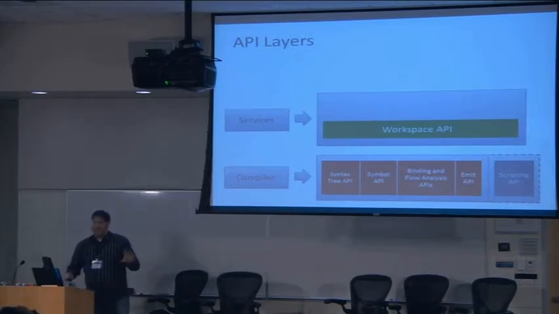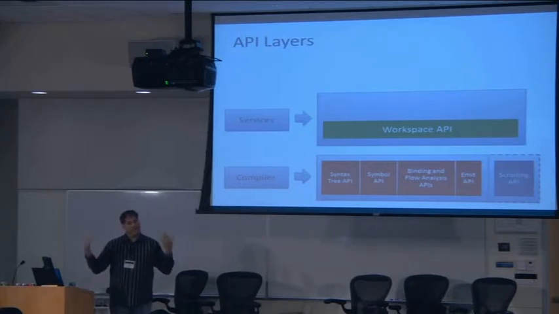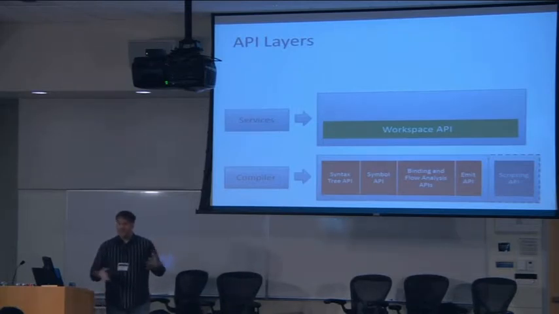Also, what happens in the workspace API is that those high fidelity separate compiler APIs and the symbols and things that come out of that become a unified view within the workspace API. So if I load up a solution that has C# and Visual Basic projects in it, it looks the same to me as an API consumer.